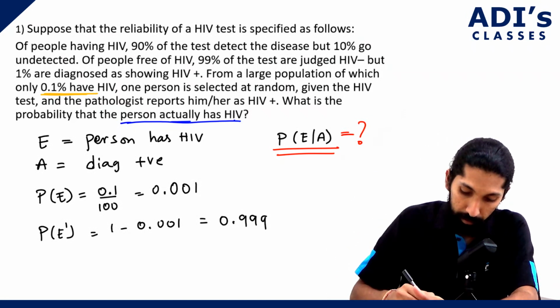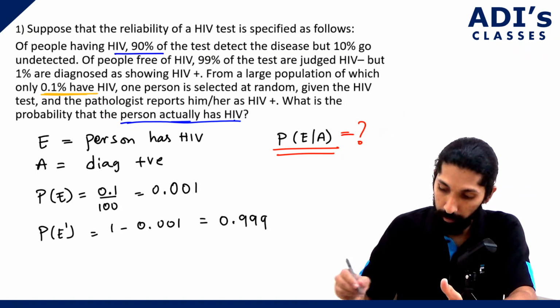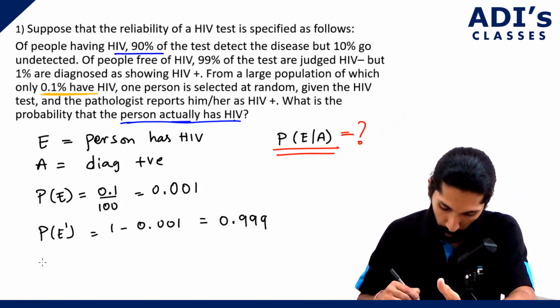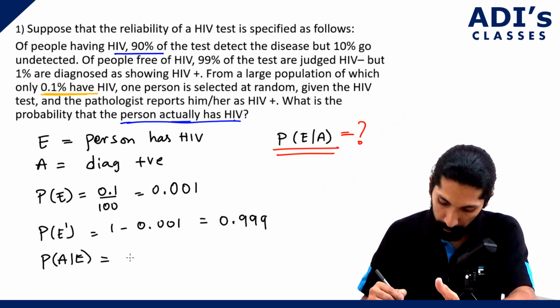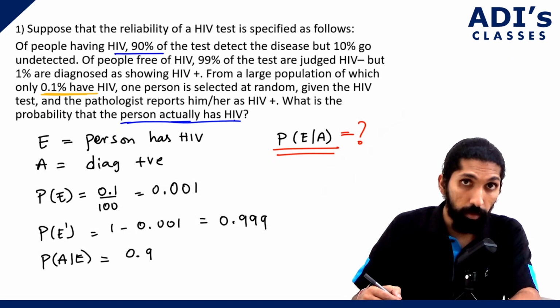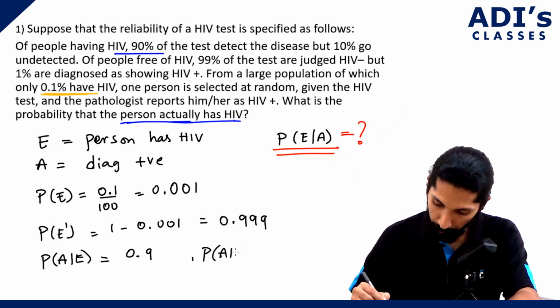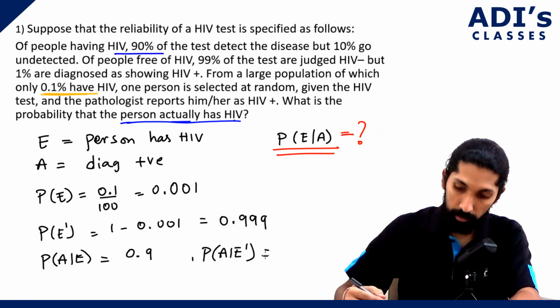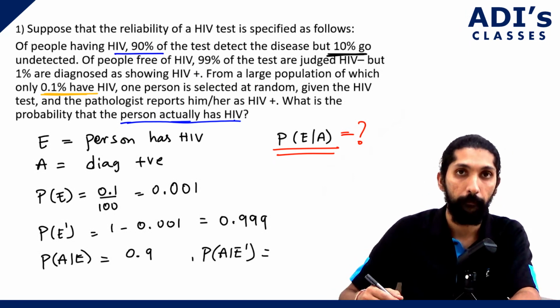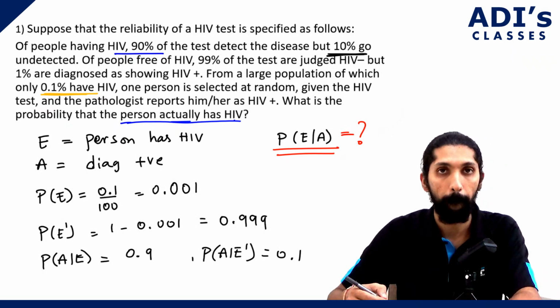That's nothing but 90%, isn't it? Make sense? So we have P of A given E, which is going to be 0.9, 90%. Same way, what do you think is P of A given E complement? This is going to be the rest 10%, correct? Here we take 0.1, 10%, correct?